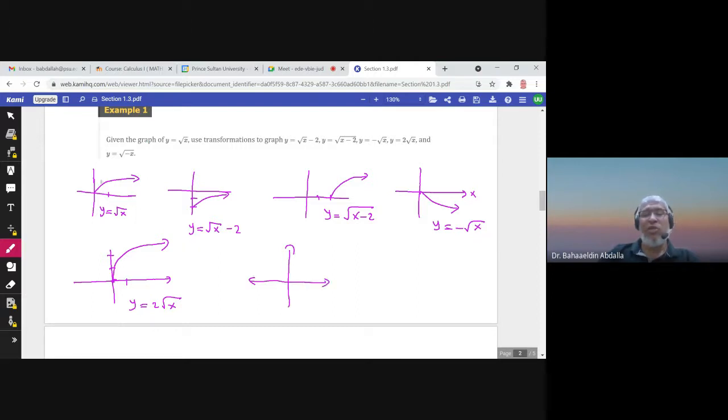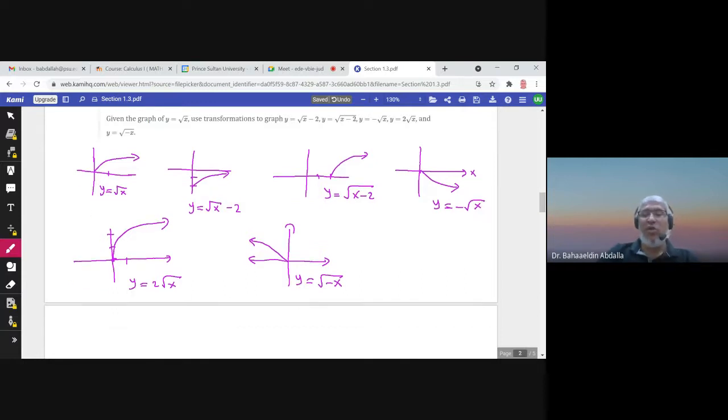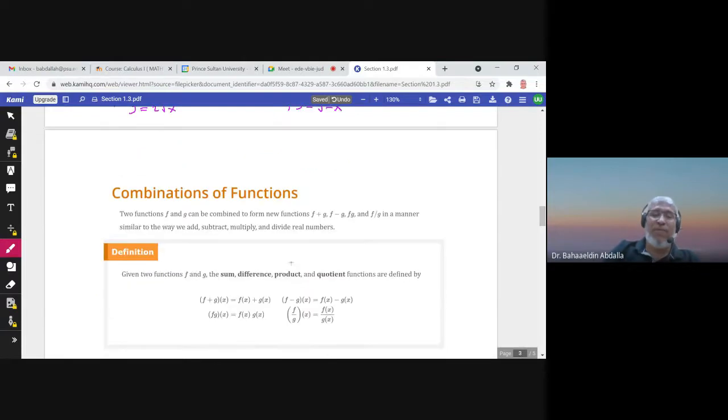So this was the original function, and you reflect the graph about the y-axis. So this would be the graph of y equals square root of negative x. You notice that x is negative, so negative x would be positive and everything would be fine. So the domain of this function is from negative infinity to 0.